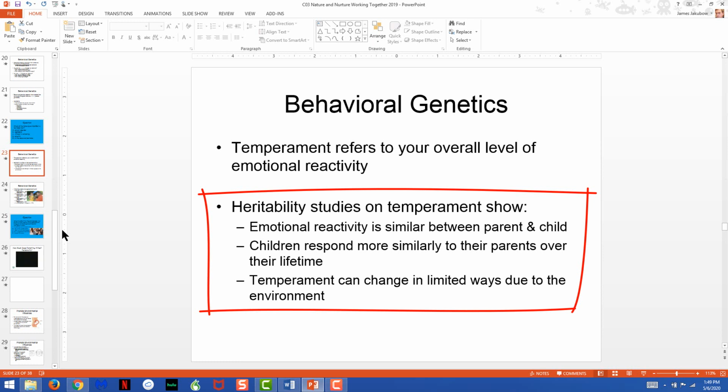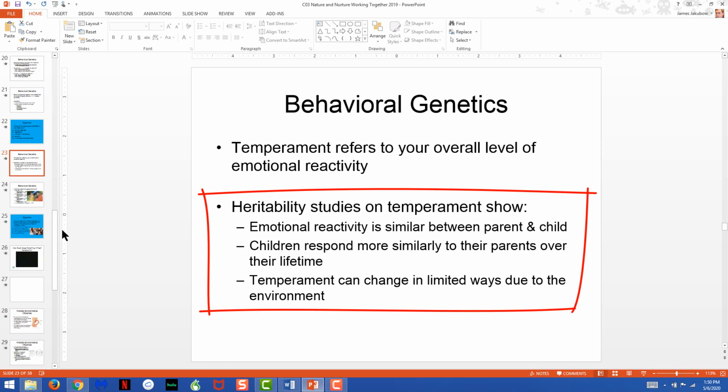So as you see in behavioral genetic experiments on the heritability of temperament, it's found that emotional reactivity is much more similar between parent and child, that children respond more similarly to their parents over their lifetime. So if your father is a very quiet individual, you may be a rambunctious 18-year-old, but there's a higher statistical likelihood that you will become much more of a calm individual later on in your life.